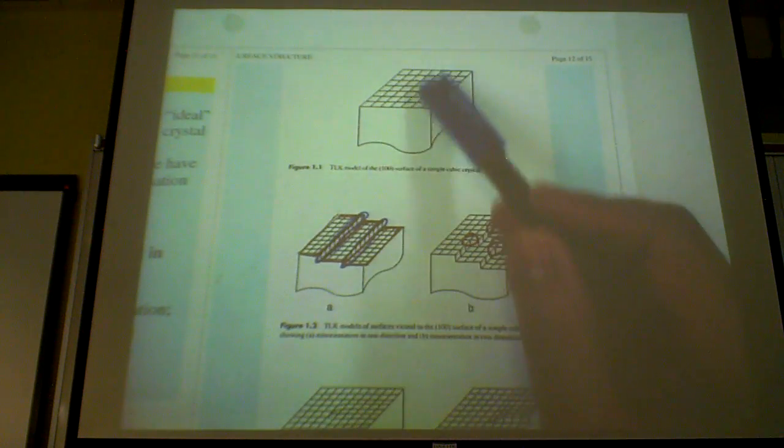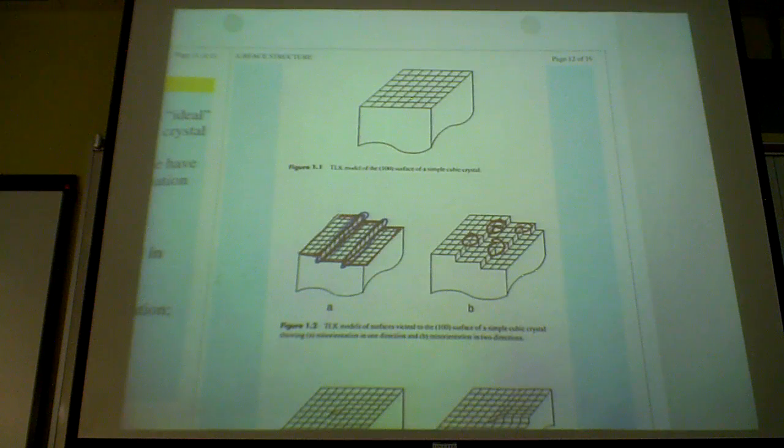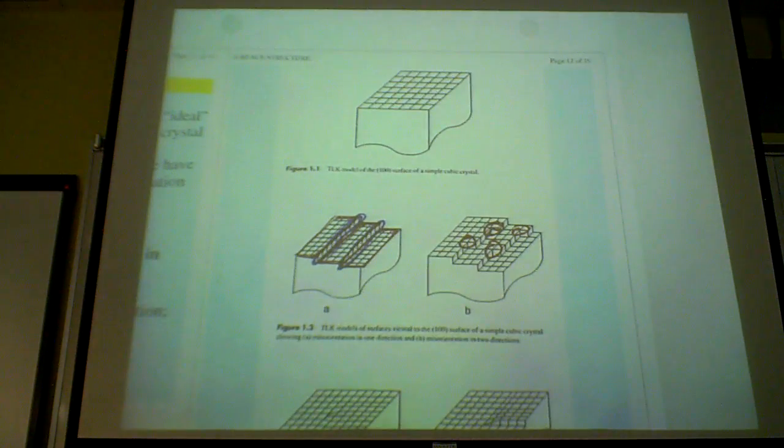So to give you a description, this is my terrace, this is my cutting, just a simple cutting of my space. Everything stays put, no reconstruction, ideal surface, we don't allow reconstruction.